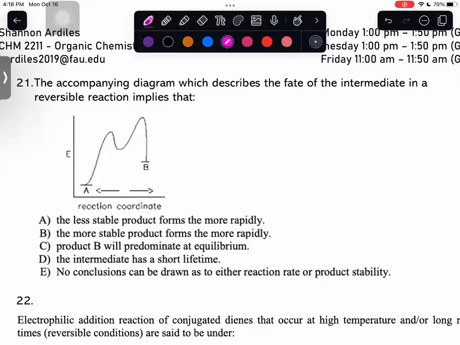Okay, did we get an answer for question 21? A, B, none of the above? In the back, what do you guys think? What's the answer? Anyone from the back? You guys want me to call out your names? B? So those of you who said B, you guys are absolutely correct.